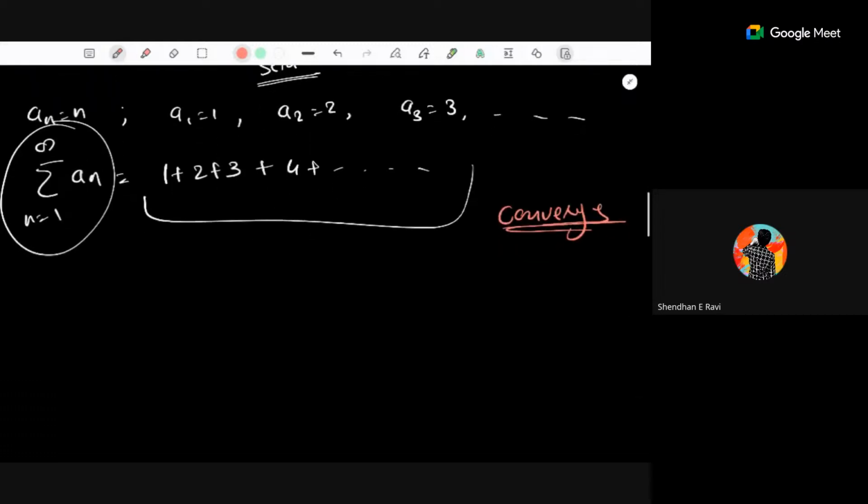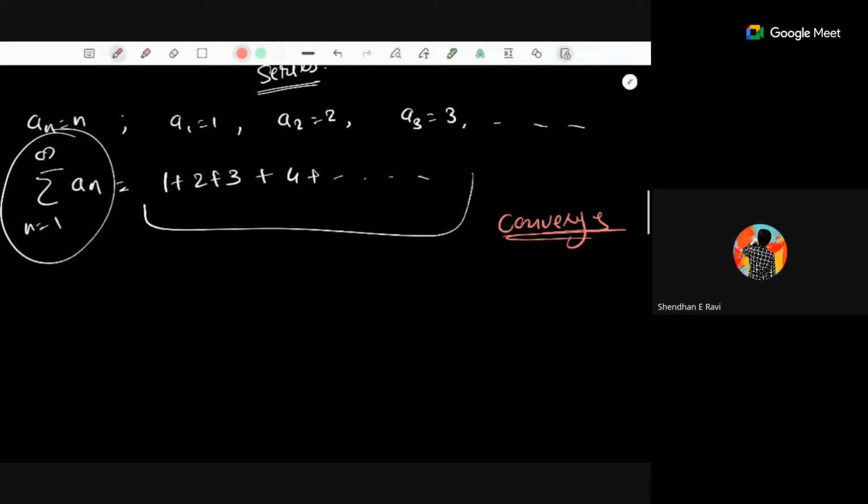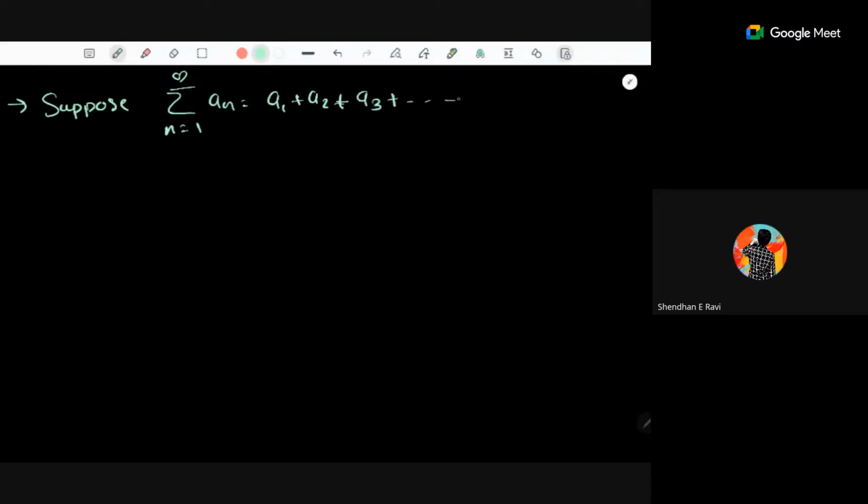So for that, we will define a sequence related to the series, and then we will say that if this particular sequence converges, then our series will also converge. So what is that sequence? That sequence is known as the sequence of partial sums. Okay, so suppose we have a series, the summation with n ranging from 1 to infinity of a_n, which is a1 plus a2 plus a3 plus and so on.